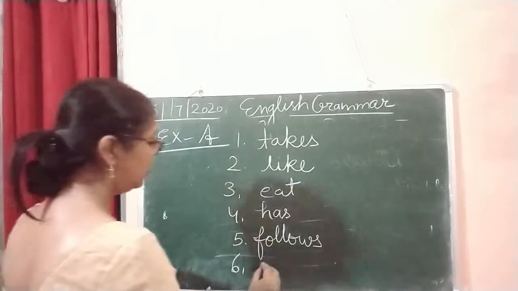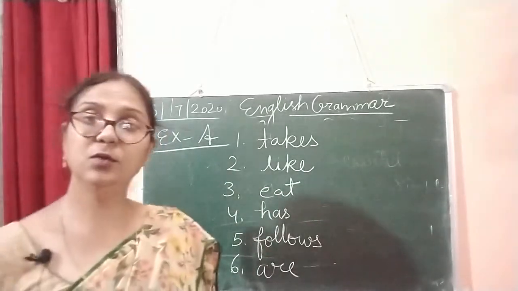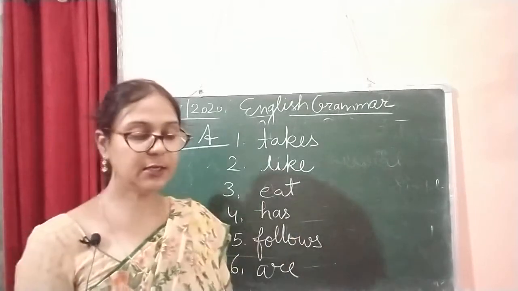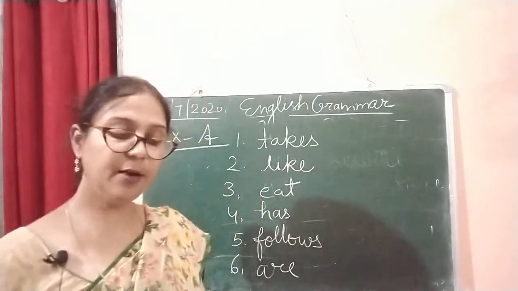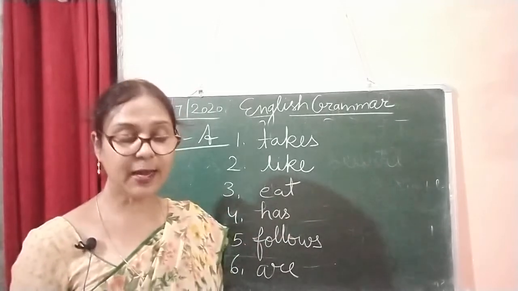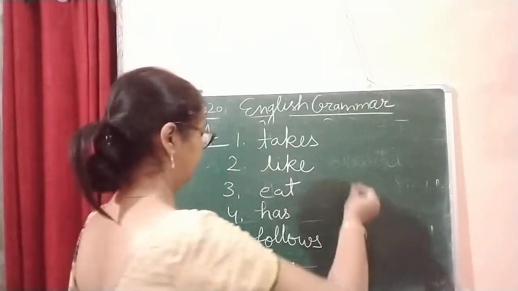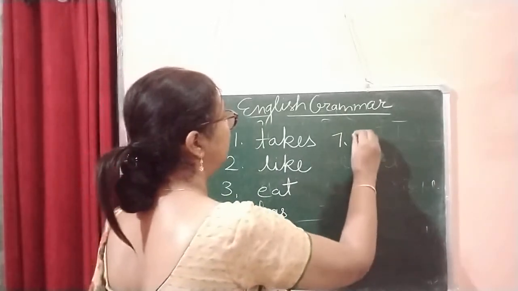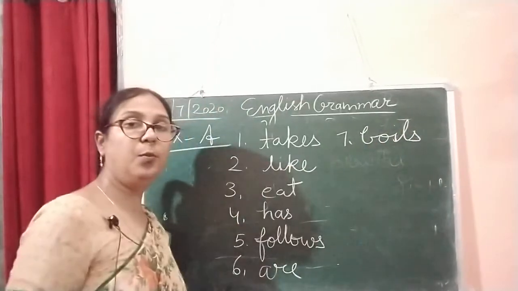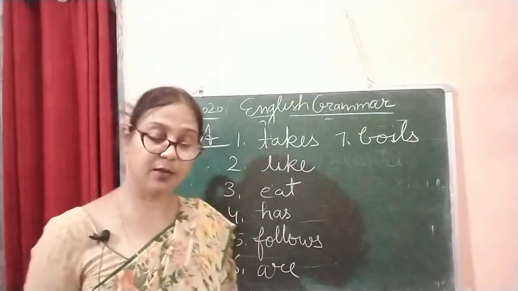Books are a storehouse of knowledge. Now 7, water dash at 100 centigrade boil. So what are we going to write? Water boils. In 7 we are going to write boils. Water boils at 100 degrees centigrade.